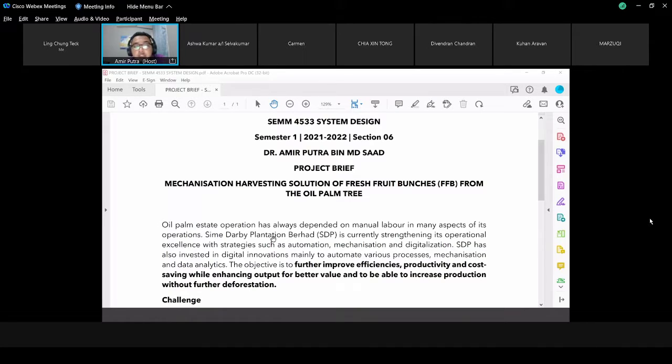So Sime Darby Plantation, SDP, is currently strengthening its operational excellence with strategies such as automation, mechanization, and digitalization.